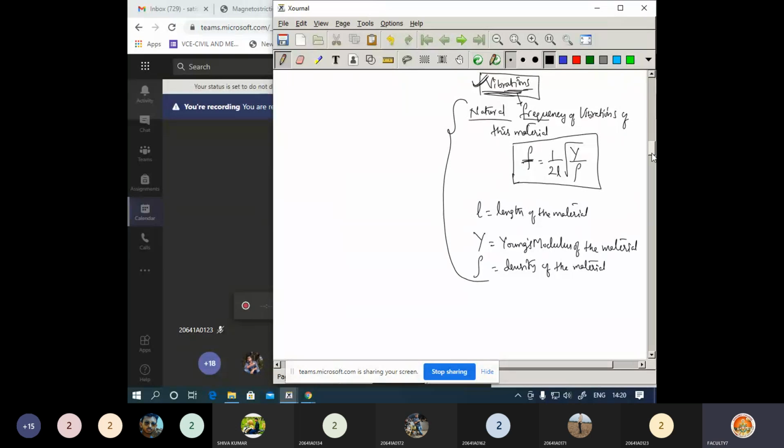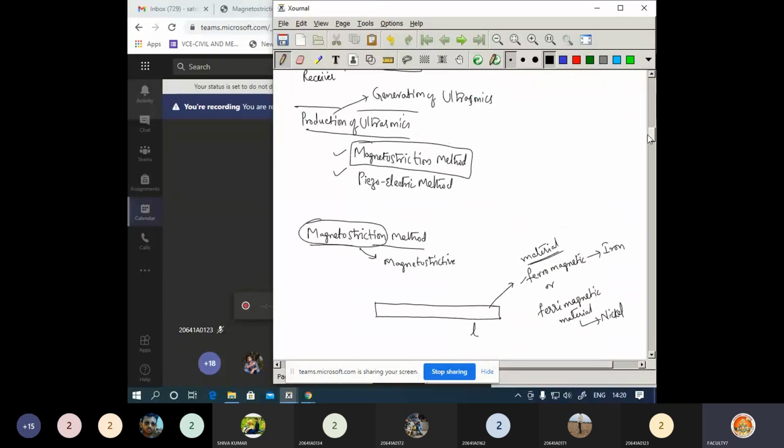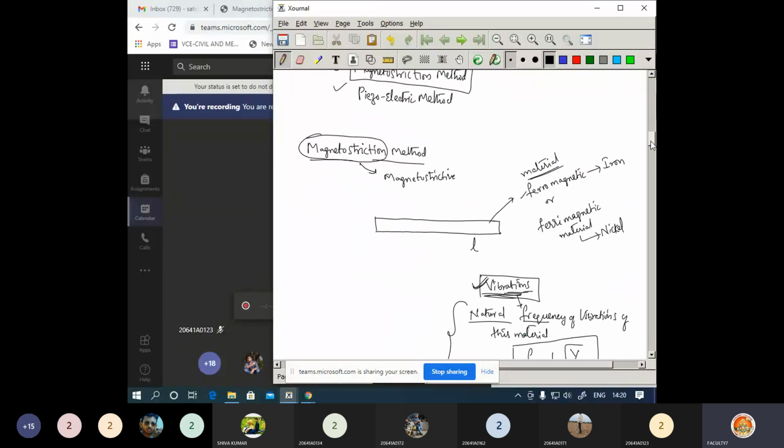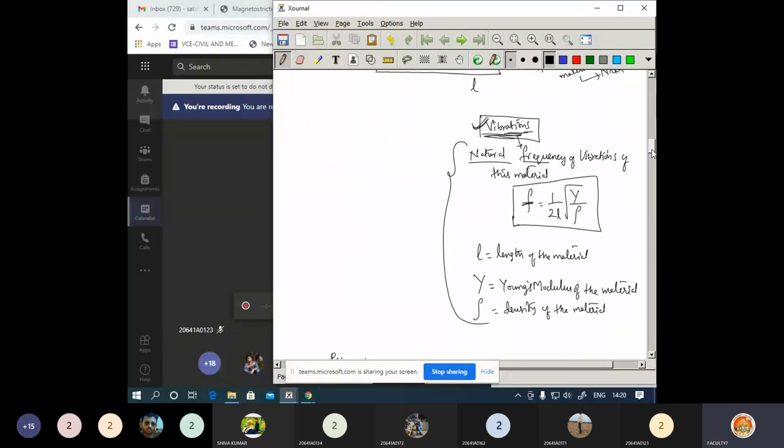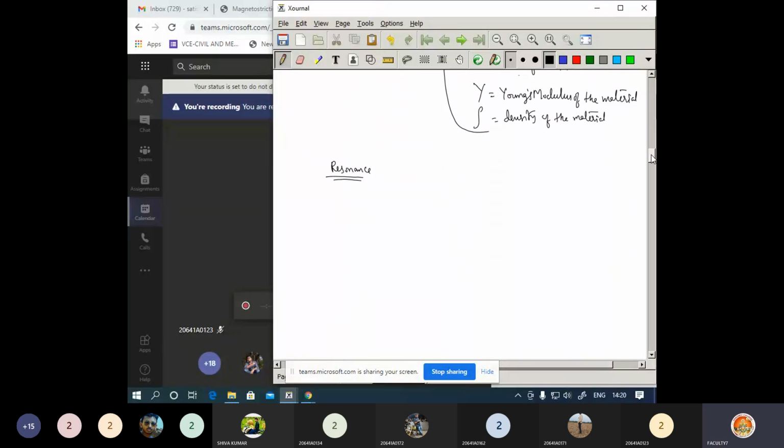So now let us go with the concept of resonance. We need to see about the magnetostriction method, the magnetostrictive method. For that we are going to consider the vibrations and the concept of resonance.